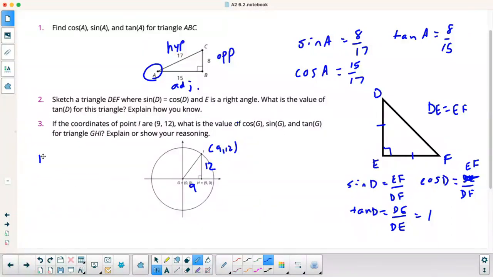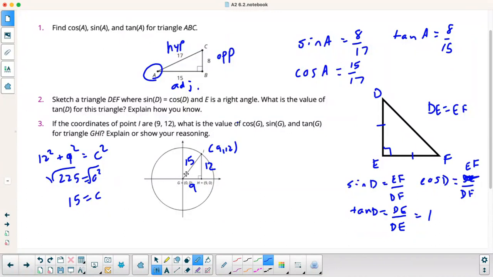I'd have to do Pythagorean's theorem to get my hypotenuse, which is C. So I'm going to do 12 squared plus 9 squared gives me 225, and then I square root both sides. So I get 15 equals C.